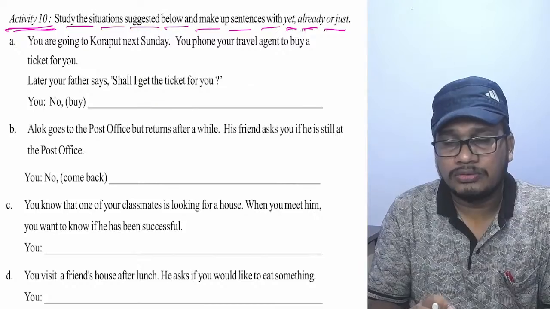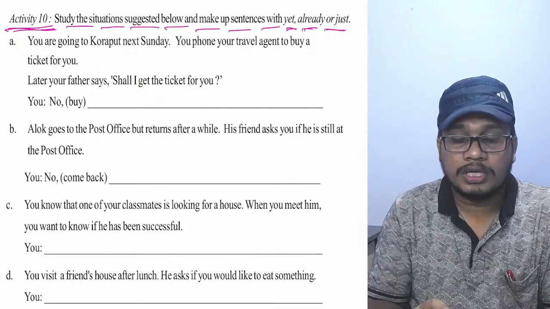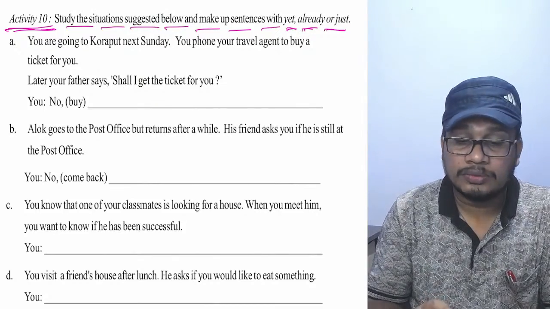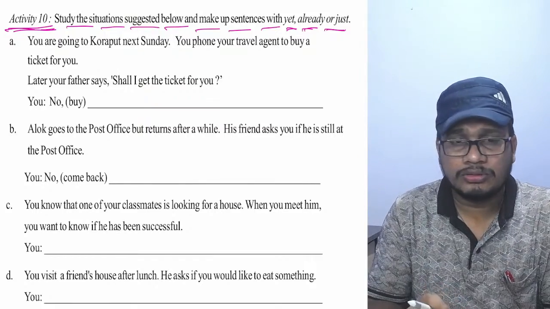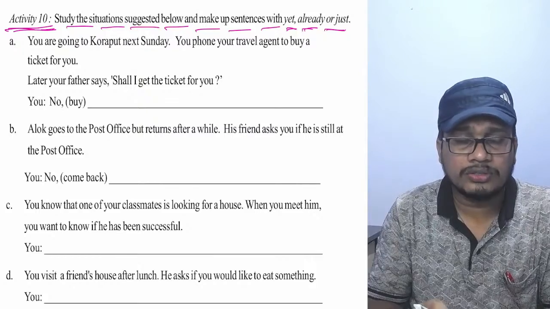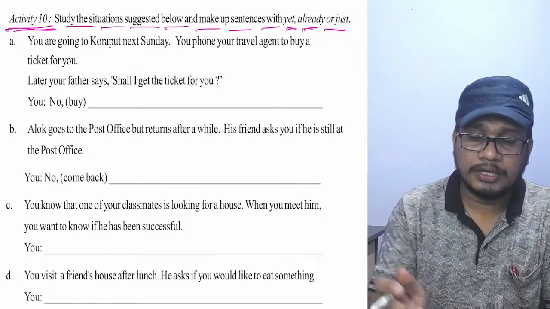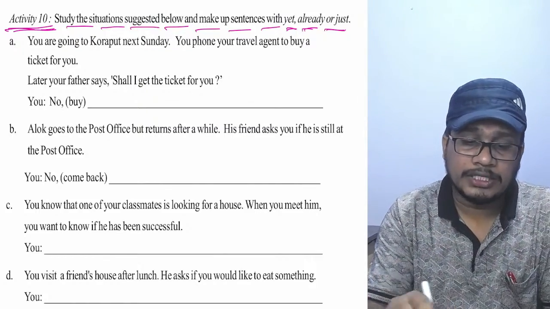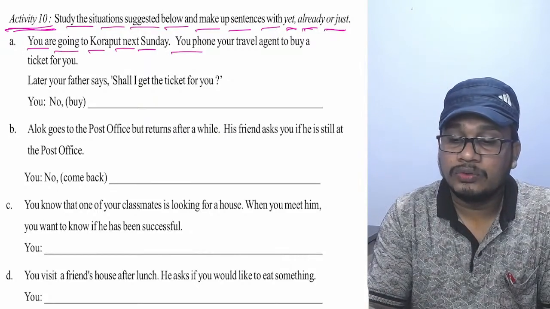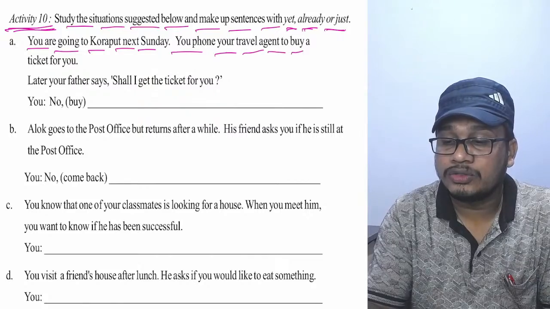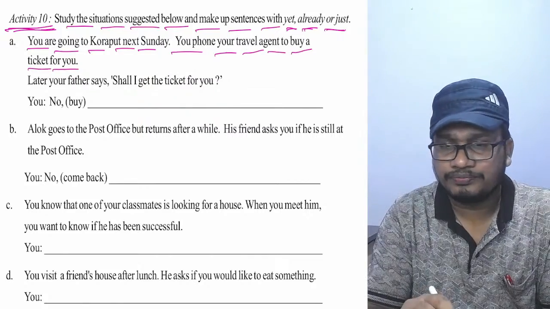The first is: you are going to Koraput next Sunday. You phone your travel agent to buy a ticket for you.